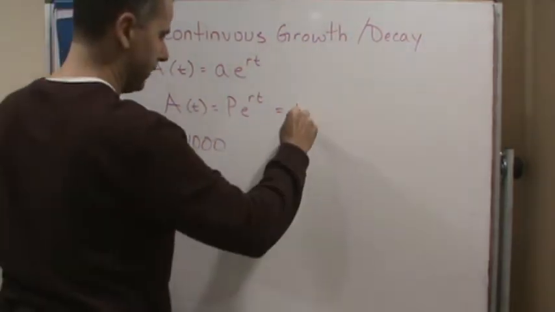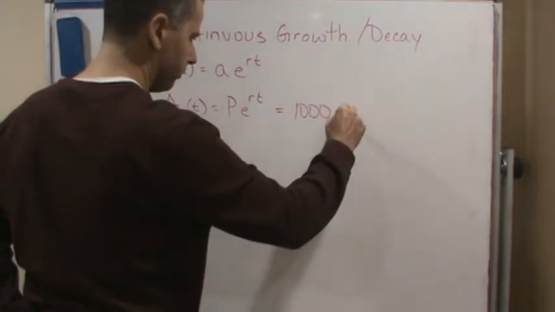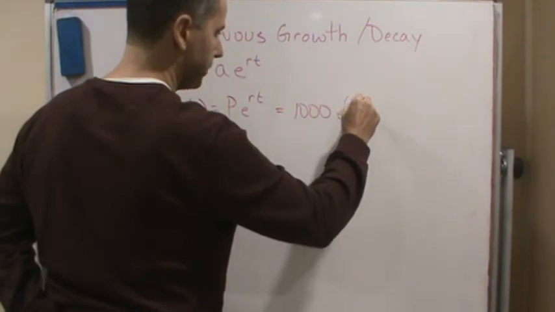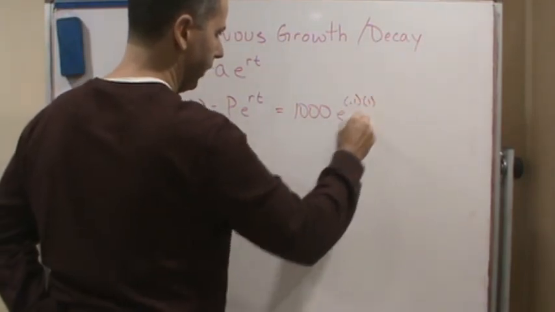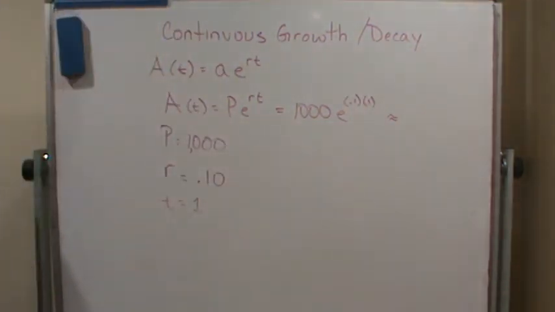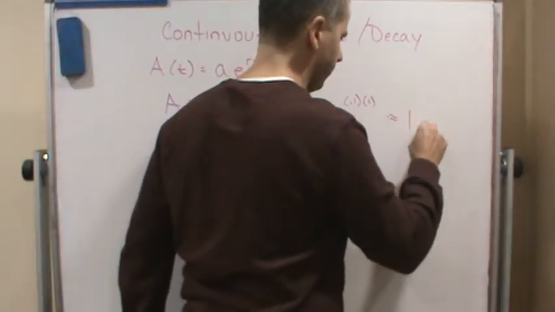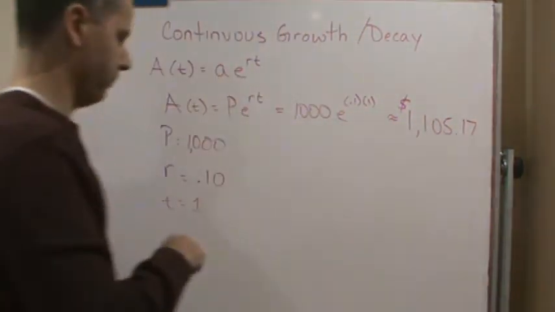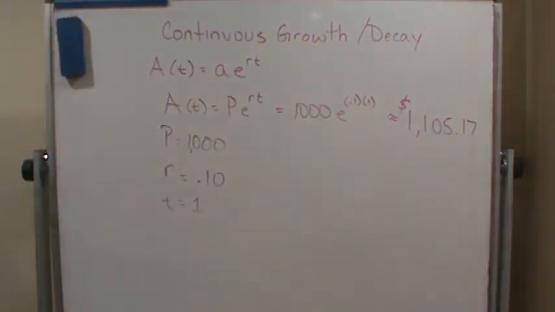So it's going to be $1,000 times e to the 0.1 times 1, of course, so that's going to be 0.1. And so what would this be approximately equal to? Well, we're going to get approximately $1,105.17. So we'll earn about $105 in interest in 1 year.